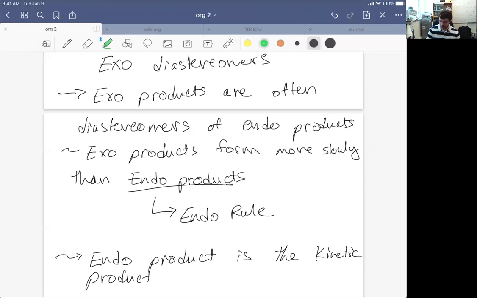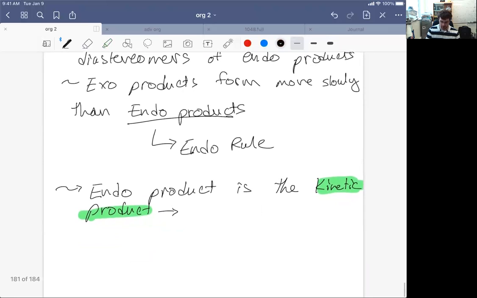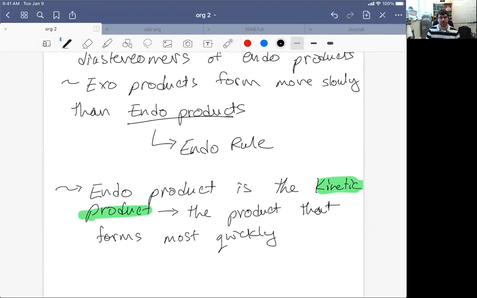Now, what's the kinetic product? Well, that is the product that forms the fastest. Alternatively, and a bit more rigorously, it's more appropriate to say this is the product with the lower activation energy.